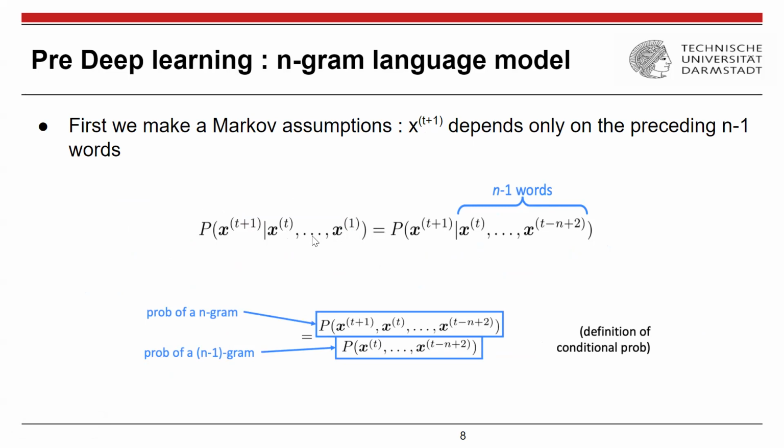If you try to do it in a naive way, this will be a very complex task, because the (t+1)th word needs to include all the words that come before t+1. That will be a huge series of words. So what people do is use Markov's assumption, where the probability of this particular word t+1 will only depend on the n-1 words that come before it, not all the words.